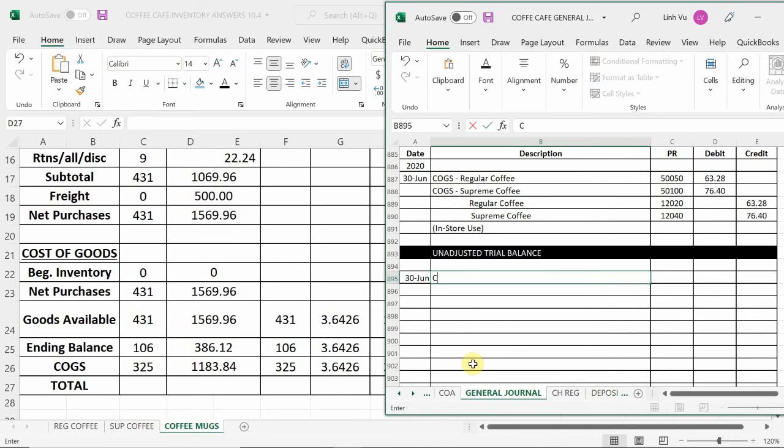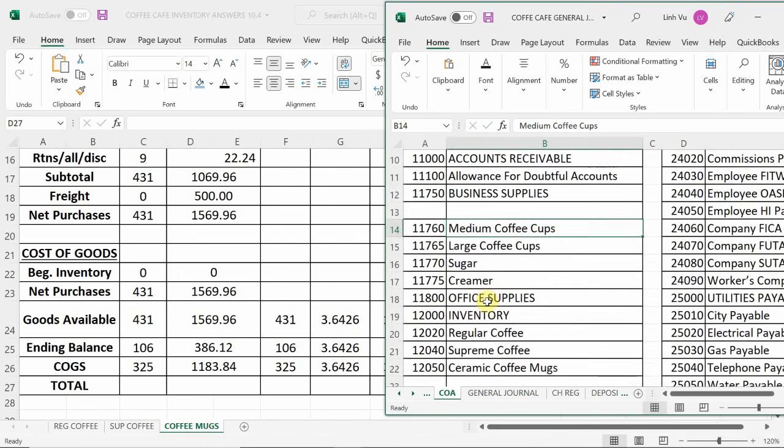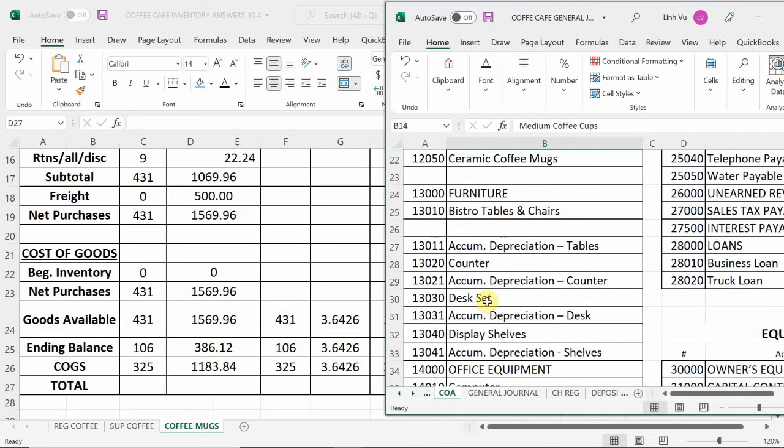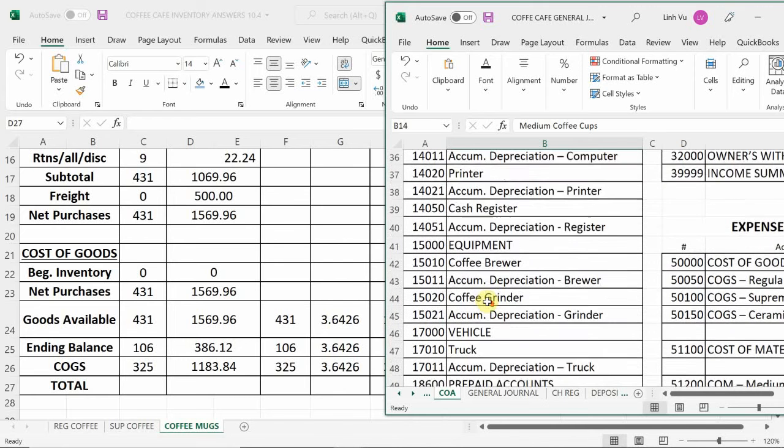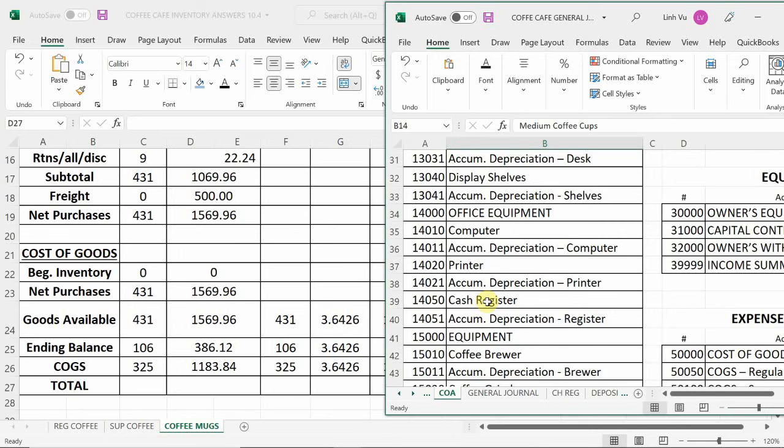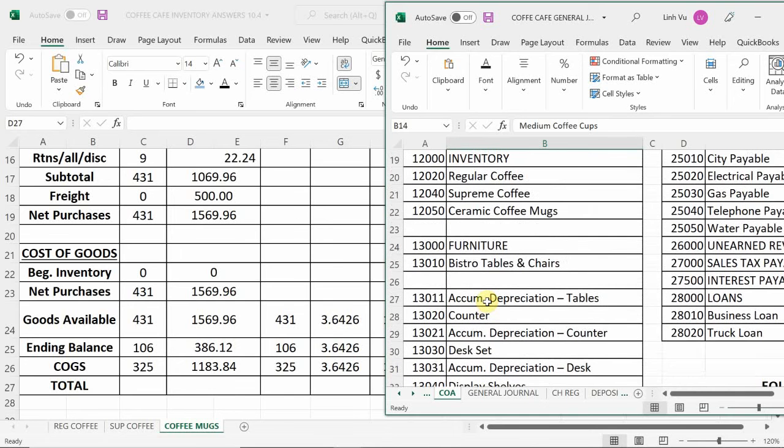So, ceramic coffee mugs, okay, which is account number, there's inventory. Ceramic coffee mugs is account number 1250.